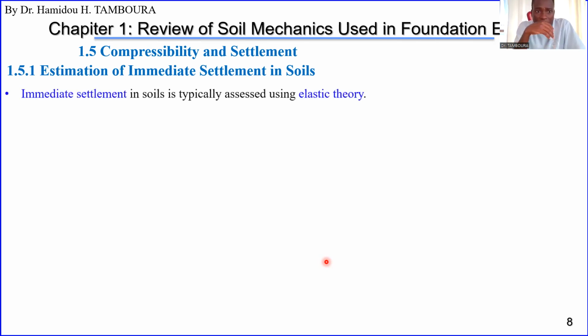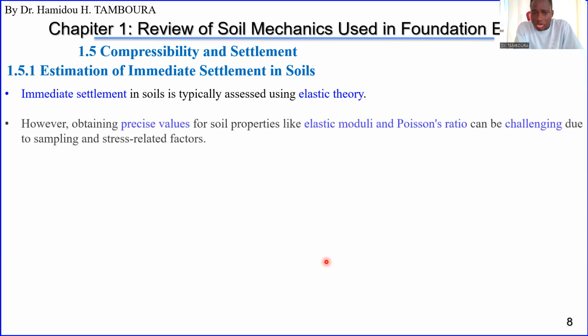Right? So immediate settlement in soil, as I said, we typically use elastic theory to deal with it, even though the actual behavior of the soil is not really elastic. So to simplify things, we use elastic theory.